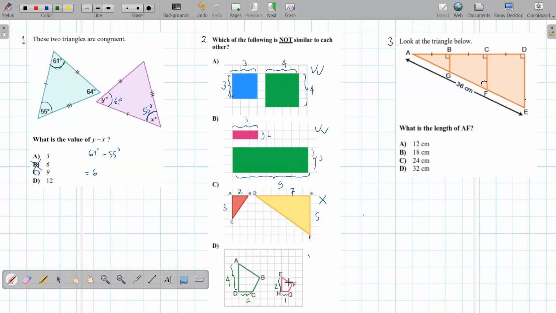As you can see, their corresponding sides are in the same ratio, and this is also similar shapes.